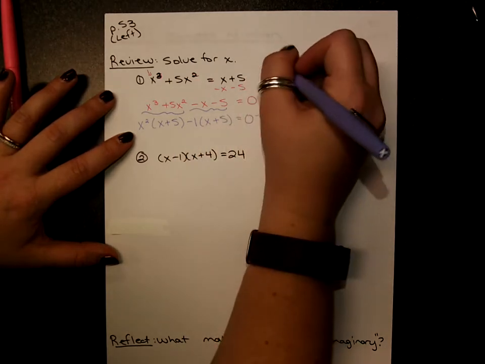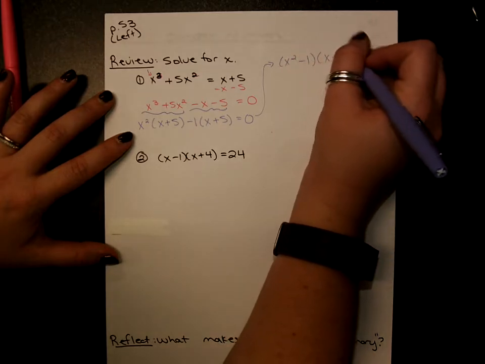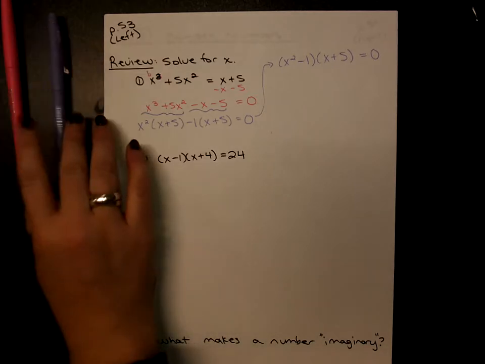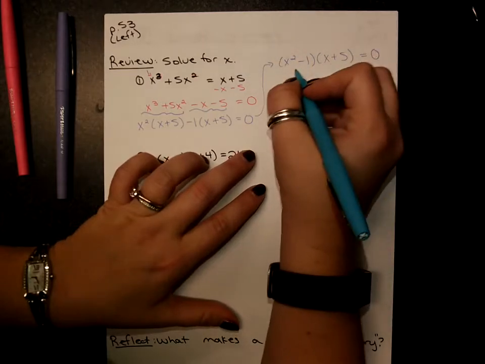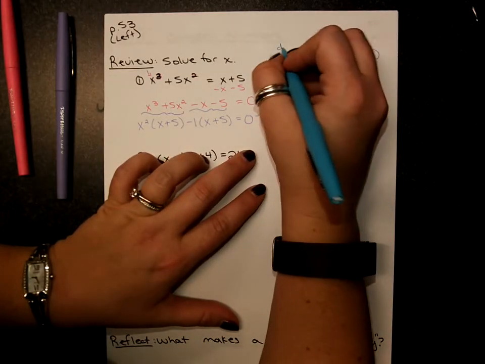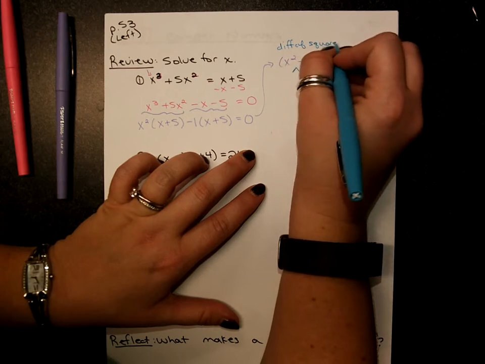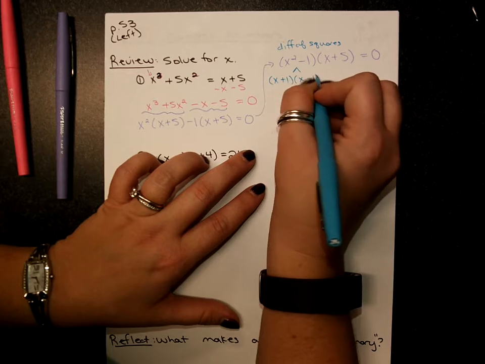This factors into x squared minus 1 times x plus 5 equals 0. Normally we're done and we can solve, but if you notice, we have x squared minus 1, and that is actually a difference of squares, and that factors into x plus 1 and x minus 1.